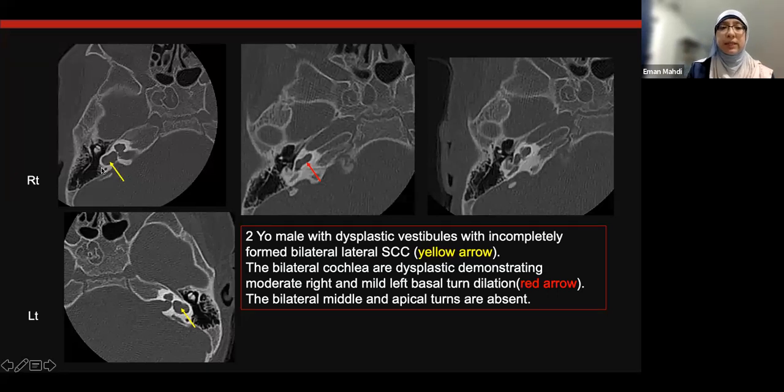So in this case, this is the cochlea, this is the vestibule, and the same for the left side. But then there is a basal turn here. It's slightly wide, but still there is a basal turn, and there is a cystic cochlea and vestibule.